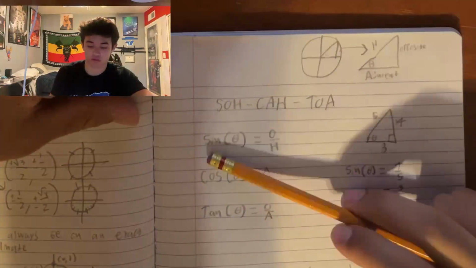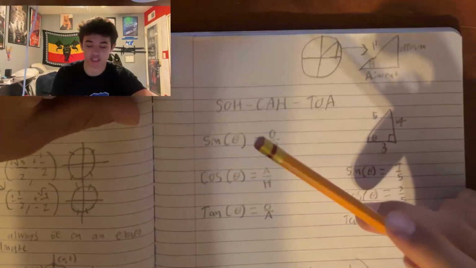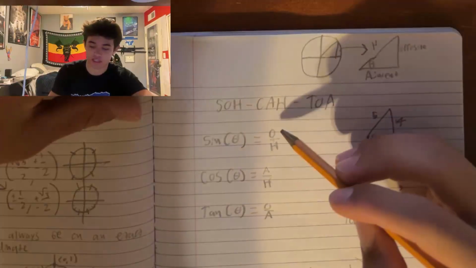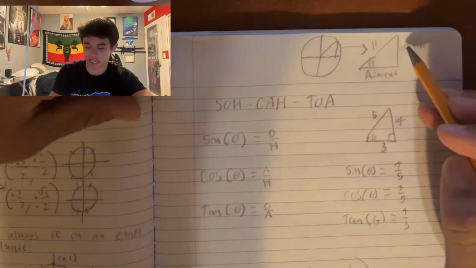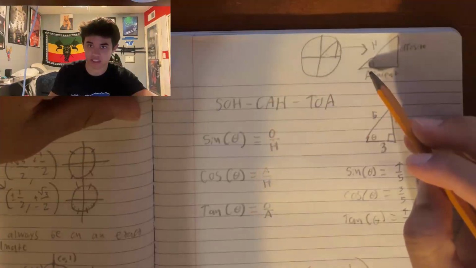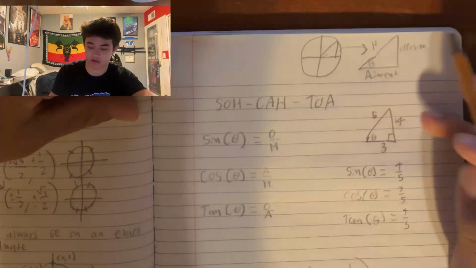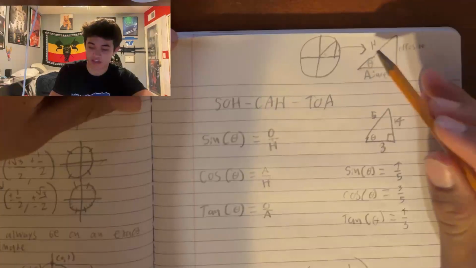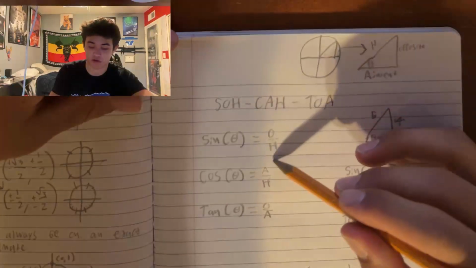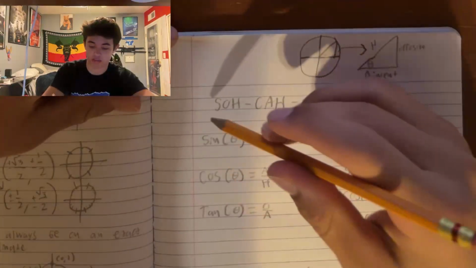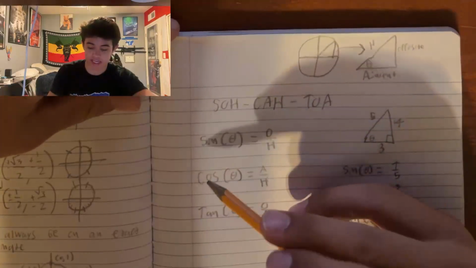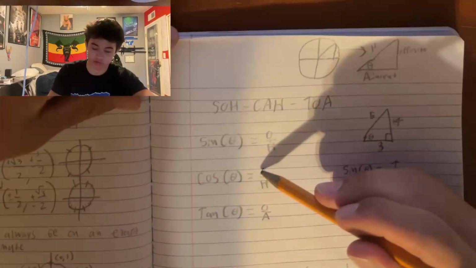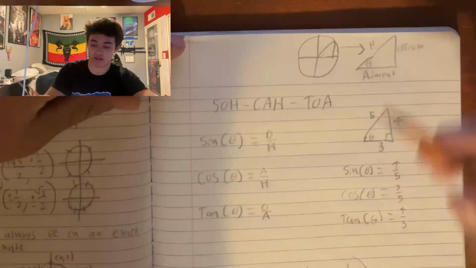So one of the trig functions is sine, the most popular one. That is the opposite side of the angle. In this case, the angle is this little beta. The opposite side of that divided by the hypotenuse, so over h. So SOH. Then the CAH is cosine, which is equal to adjacent over hypotenuse.